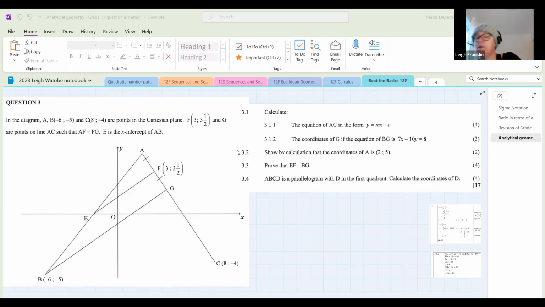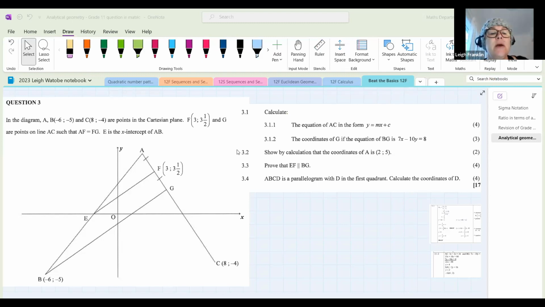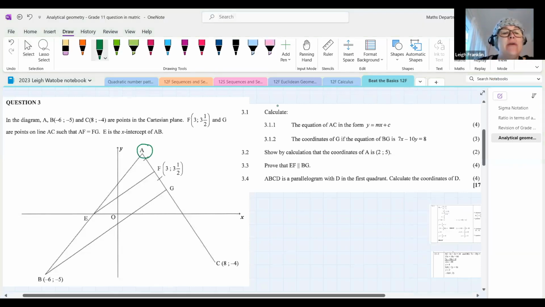Okay, so let's just have a quick look at that. Tamia, A and C. Okay, so Tamia, you won't be able to use the coordinates at A because we don't have them.